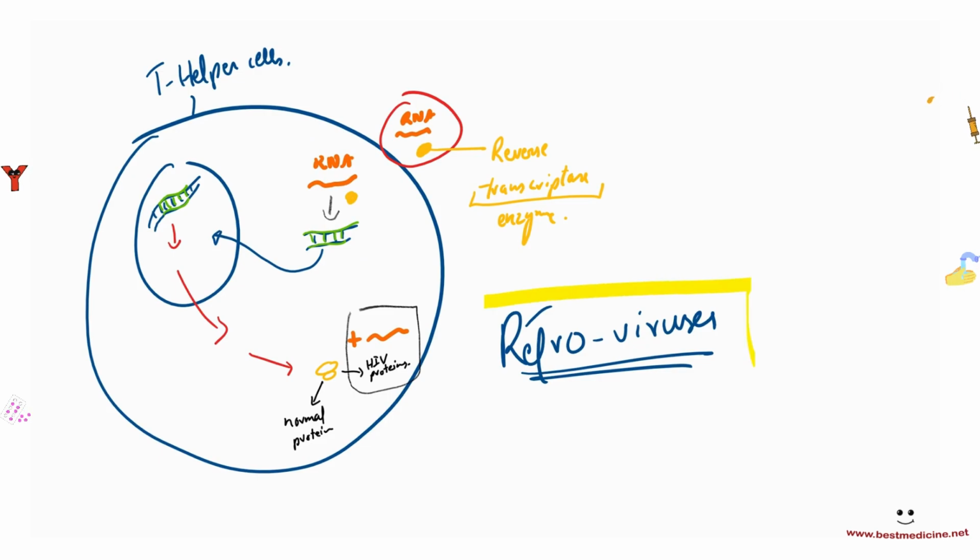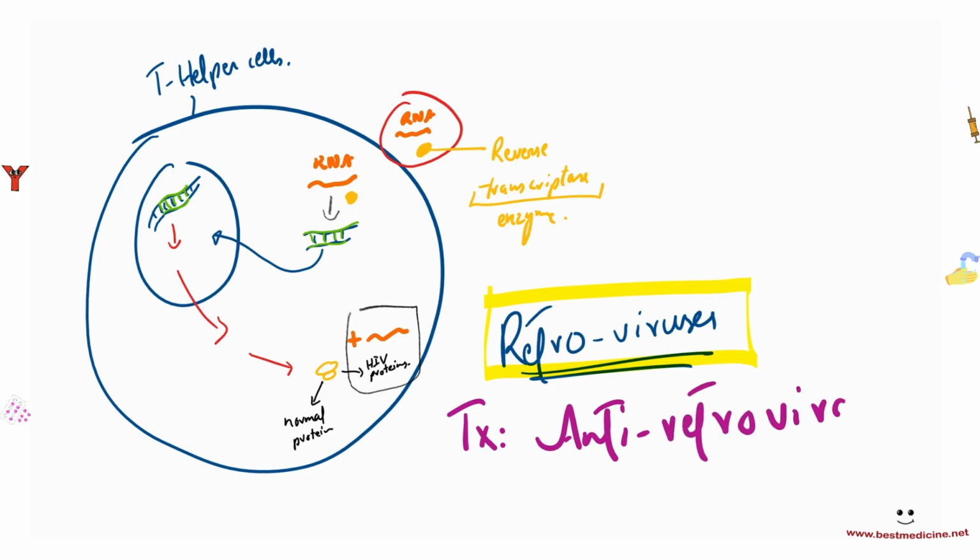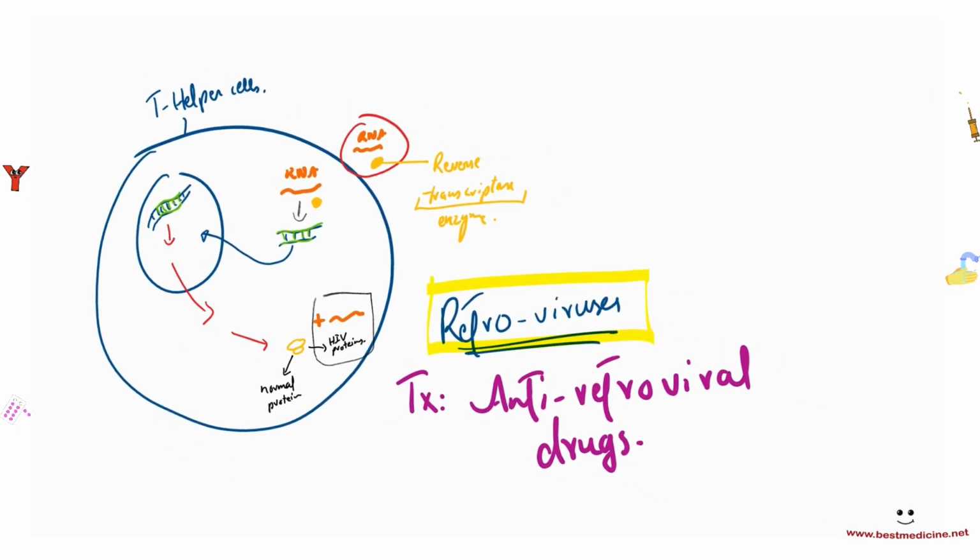The reason why this is important is because on your boards, you are expected to know that drugs that are able to treat retroviruses are called antiretrovirals, okay? So treatment is antiretroviral drugs, which is the answer to one of the questions I asked in a previous video.